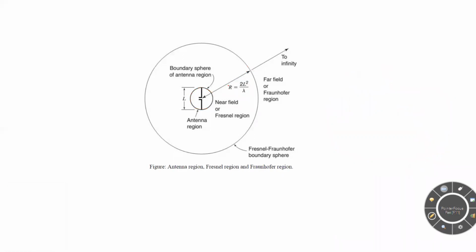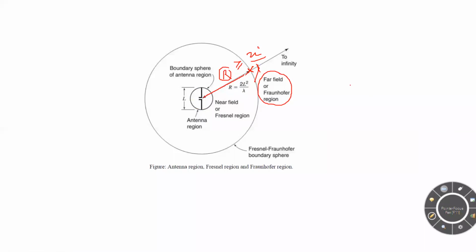So at a distance r, if this observation point satisfies the condition that it is greater than or equal to 2 times L square by lambda, then we specify that the observation is in the far field, also termed the Fraunhofer region.